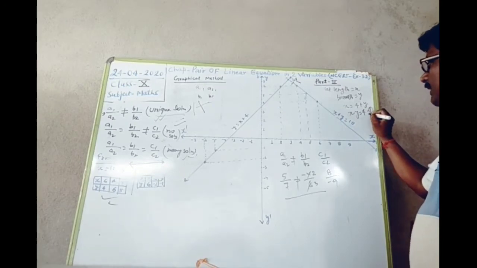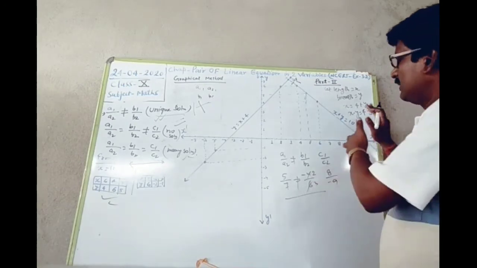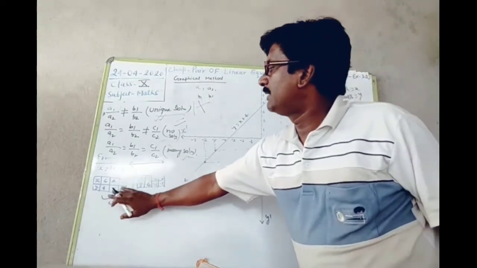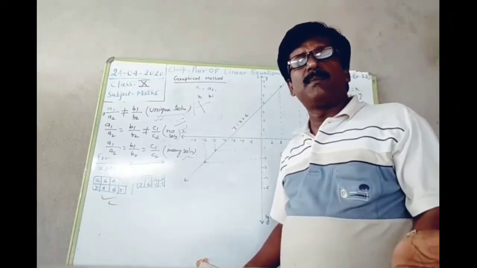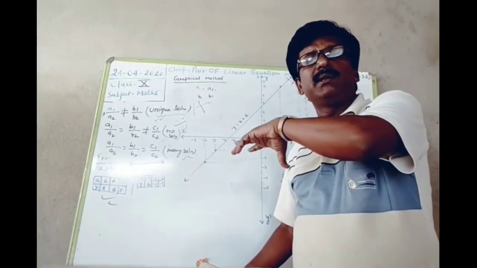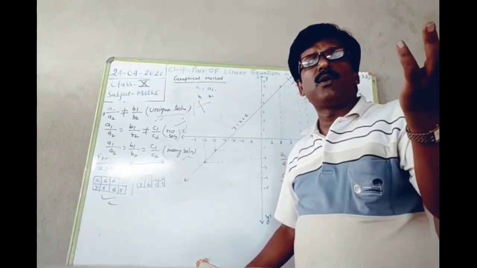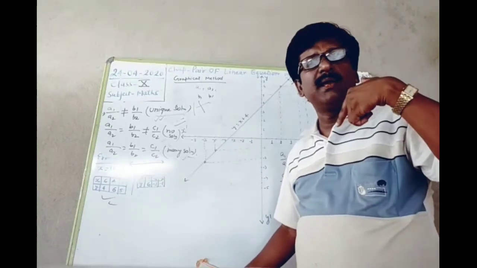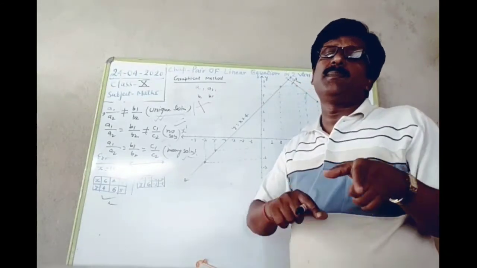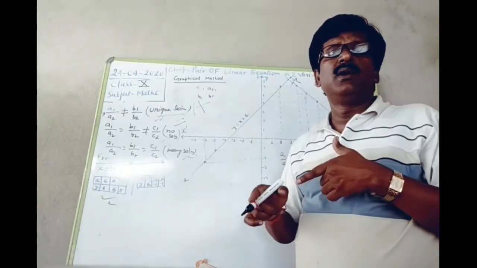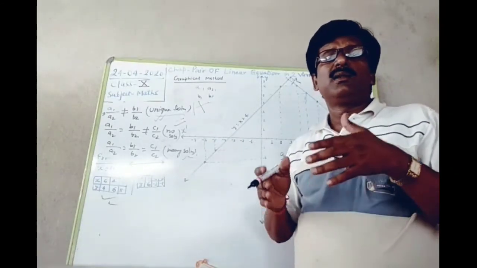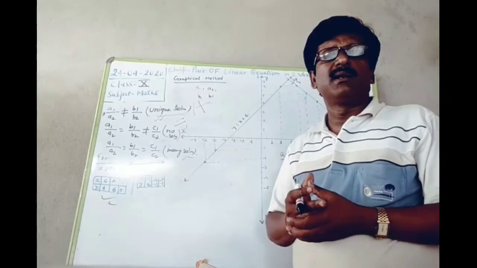And this is the first equation. From this first equation, once again we have to draw the table like this, and when we get the table, after that we have to plot the points in the Cartesian plane, and after plotting the points we have to draw the line, and the same things we have to do with the second table. Then after joining the points from the second table, we can justify the nature of the graph.